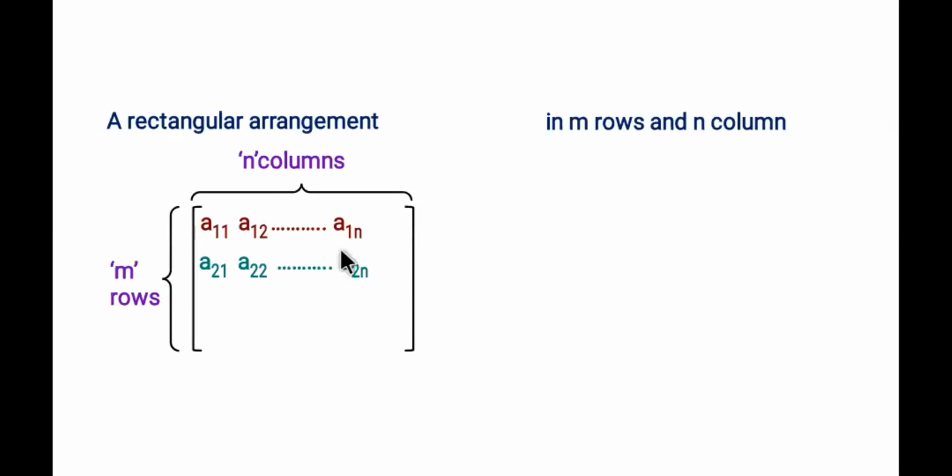Now let's define the matrix. You can see a rectangular arrangement which has m rows and n columns. I have generalized the matrix starting from A11 to A1n in the horizontal form, and in the vertical from A11 to Am1.